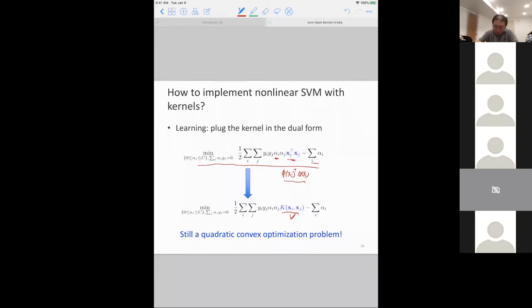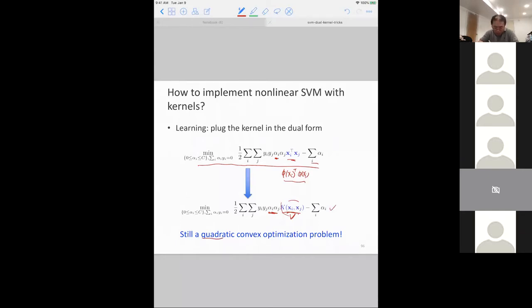Don't be scared by this kernel function. Remember, for this objective function, the optimization task is to optimize with respect to alpha values. So this inner product, the function value, is just a constant coefficient, just a scalar. That means you actually change nothing in the nature of the whole dual optimization problem.